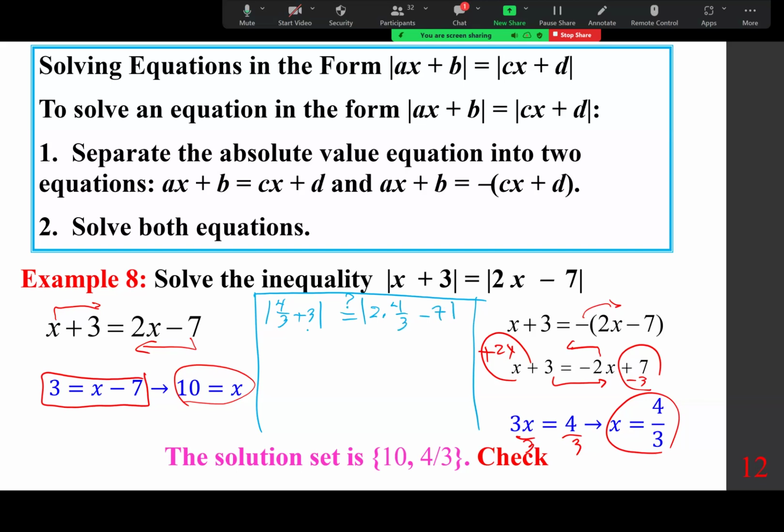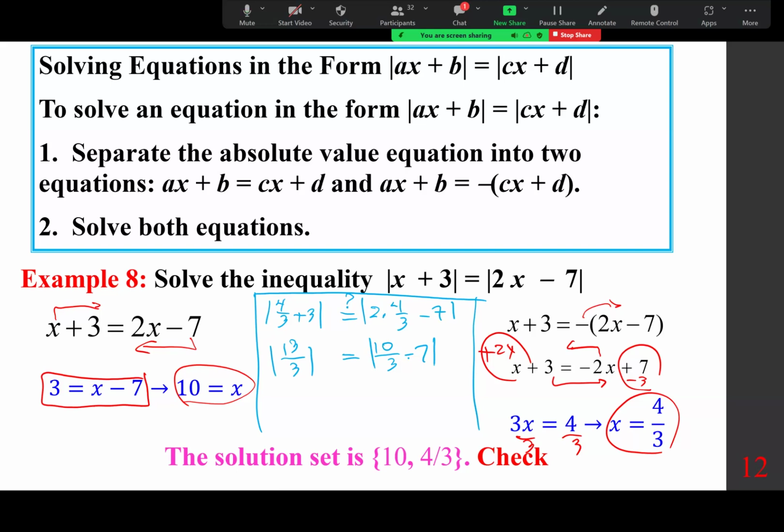So if you look at the left side, the absolute value, 3 times 3, 9 and 4. So the left side is this absolute value. And the right side, 2 times 3, 6 and 4, 10/3 minus 7 in absolute value.